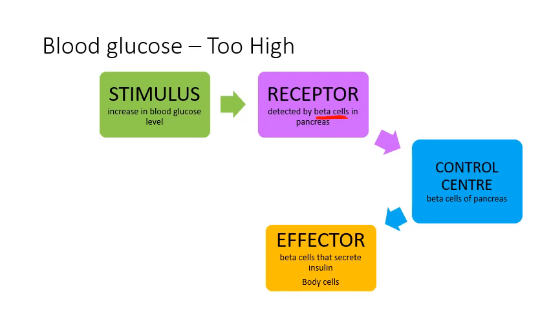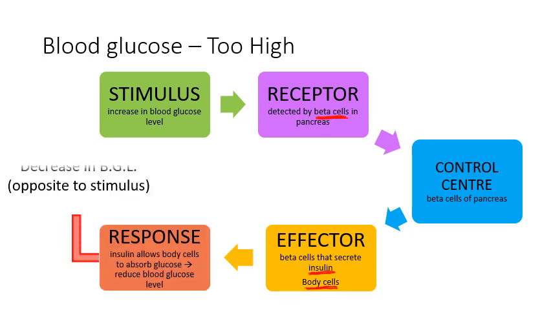Remember, insulin is that hormone that allows our cells to be able to absorb the glucose from our bloodstream. So the beta cells within the pancreas produce that insulin. That insulin is then going to interact with all the other cells throughout our body and give those cells the ability to now absorb the glucose from our bloodstream, reducing the amount of glucose that you find in the bloodstream.